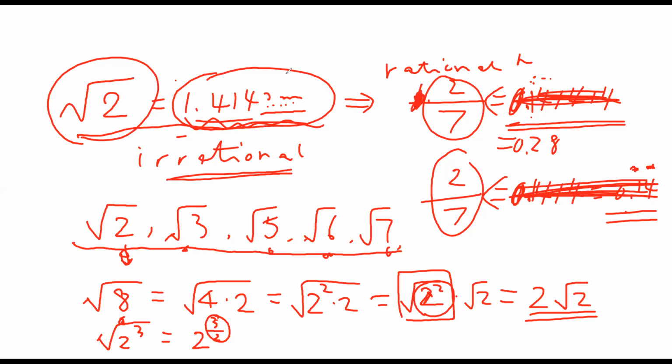So let's do another example. Something like this one, 27. 27 actually can be divided into what? 3 square root 3, right?